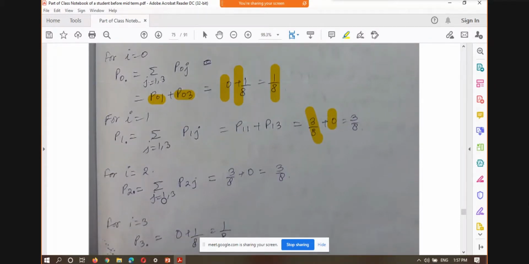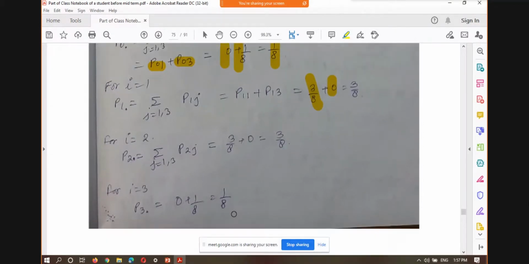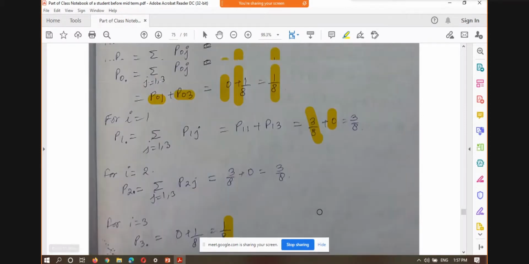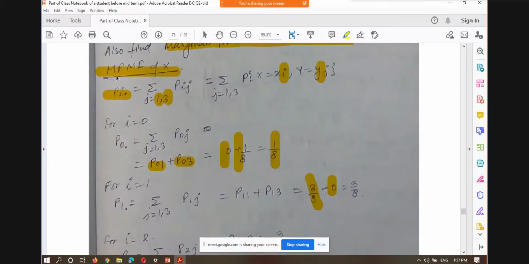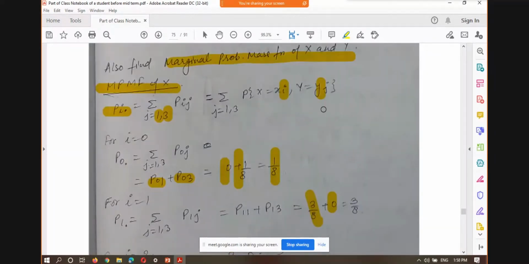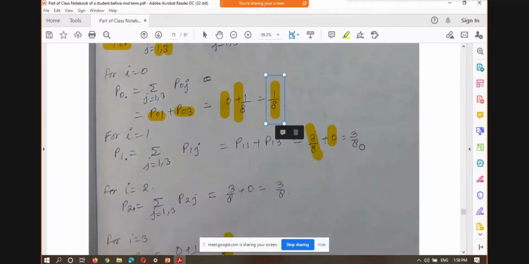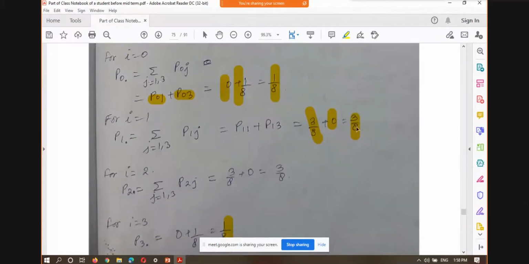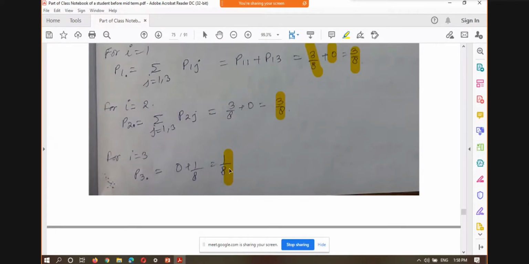And p2 dot, it means summation over j of p2j, 3 by 8 plus 0, you get 3 by 8, and then 1 by 8. So you have calculated here the marginal probability mass function of x. For x equal to 0, it has value 1 by 8. For x equal to 1, it has 3 by 8. For x equal to 2, it has 3 by 8. For x equal to 3, it is 1 by 8.